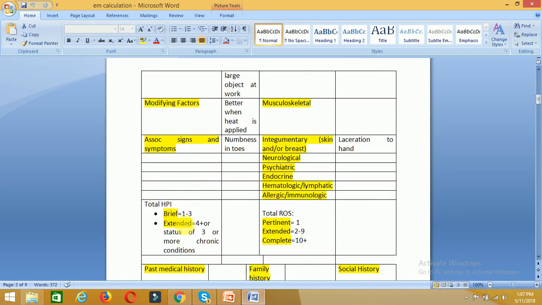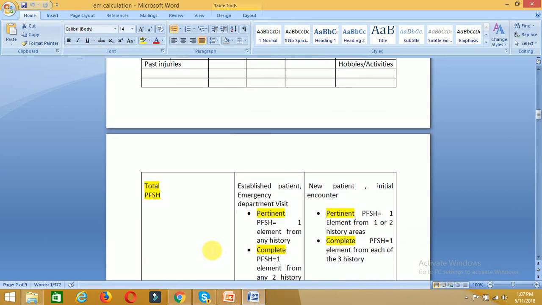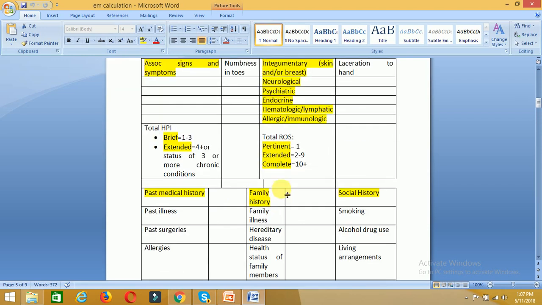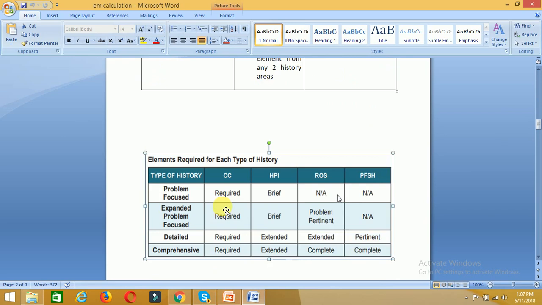So in HPI I got 4 elements, so this will be the extended HPI. So in this table I got chief complaint and extended HPI. As I explained previously in the table, extended contains 4 elements.